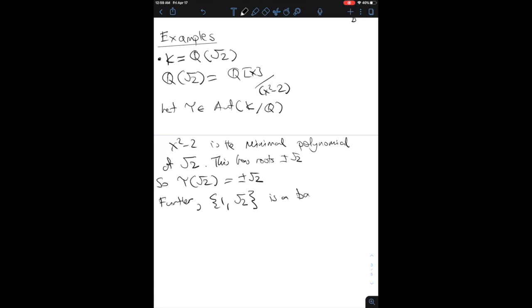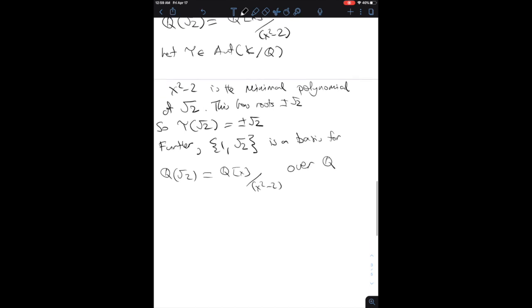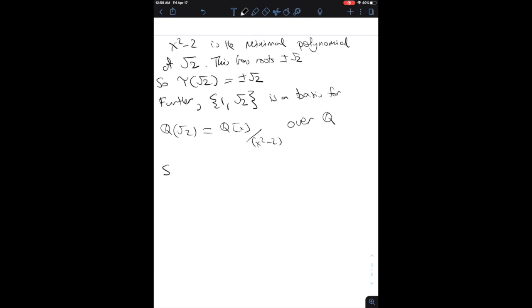So the basis should be the 0th power, that's 1, and the first power, and then we stop since it has degree 2. So 1, root 2 is a basis for Q adjoin root 2 equals Q[x] modulo x squared minus 2 over Q.